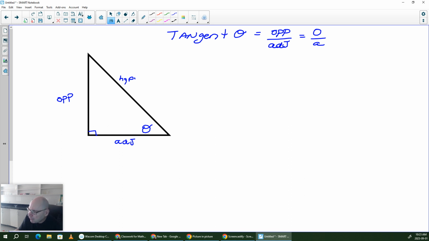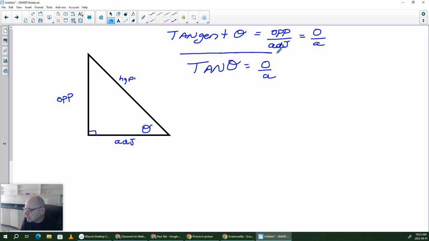Okay, so generally speaking, they'll abbreviate tangent to just tan. And they'll abbreviate opposite side over the adjacent side. So that's our general formula for tangent.